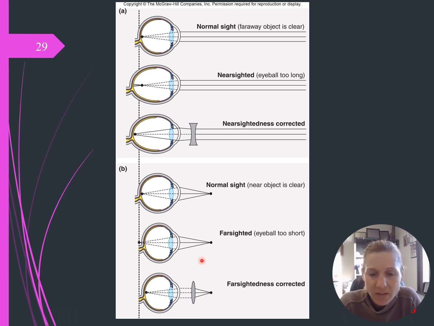Versus somebody who's farsighted, something that's up close will be out of focus unless we provide the correction for the lens, whether that's through glasses or contacts. So again, kind of opposite issues when we think about what's going on with the ciliary muscles when we look at nearsighted versus farsighted individuals.